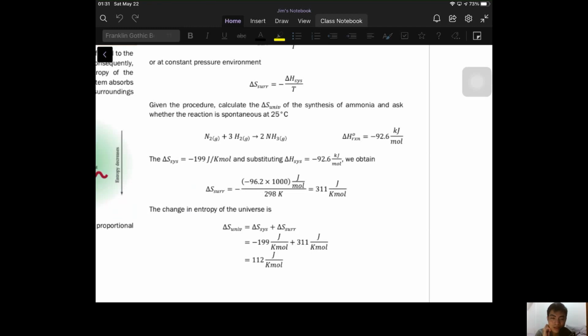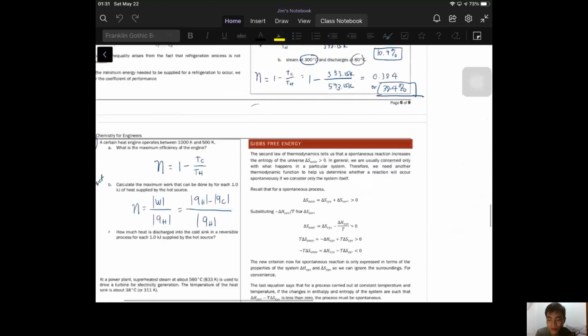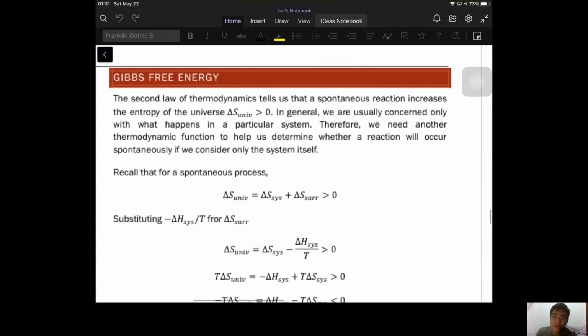As much as possible, scientists want to make things simplified, kaya they developed another energy form, which is the Gibbs free energy. Again, take note, bakit kailangan natin tong energy na to? Kasi sabi nga natin, delta S universe ang basis ng spontaneity dati. Kaso, in solving for delta S universe, you have to solve for delta S system and delta S surroundings.